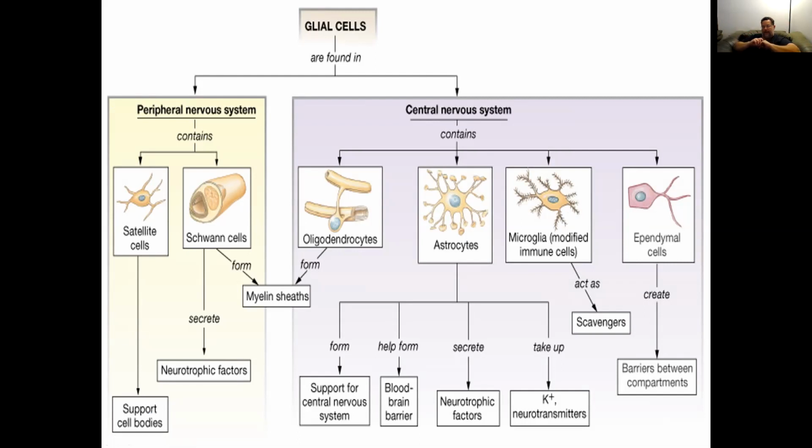They can also secrete neurotrophic factors that influence the cell's responses, and they regulate potassium and neurotransmitters. Last but not least, the oligodendrocytes make up the myelin sheath of the central nervous system.